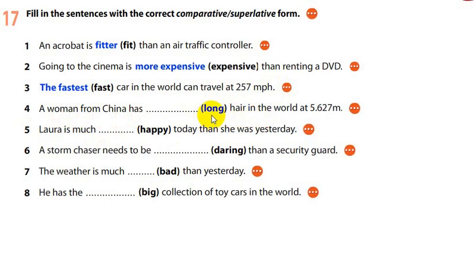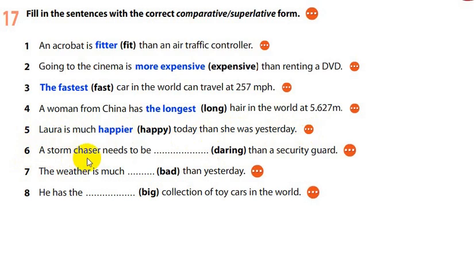Long is a short word, so now the ending -est. The longest. Laura is much happier today than she was yesterday. There are two conditions of our Laura, yes, to fill in. So much happier. We must use the comparative form. Remember, change Y into I.